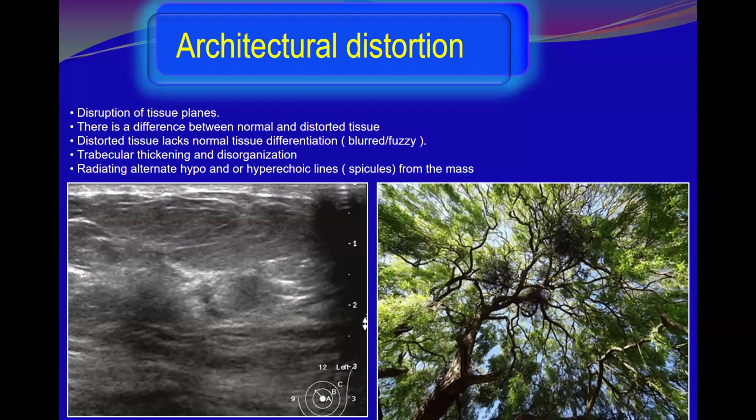There is deviation from normal. There is disruption of the tissue plane. It differs from normal. The tissue is distorted. How is it distorted? It is blurred, fuzzy, abnormal color, abnormal shape, disorganized. If I simulate it with this tree, here I can see the leaves are green and have a normal shape.